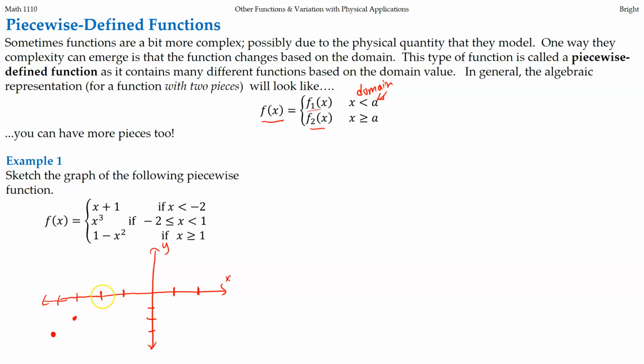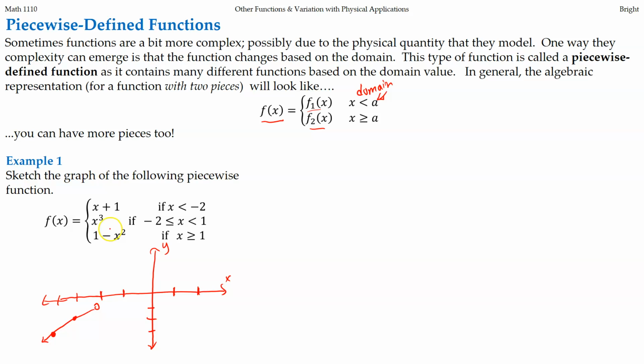And at -2, I'd have -1, so I'd actually have a hole here, because again I don't have equality. This is what the first piece looks like, and it would extend forever to the left based on this pattern because of the domain. It's saying when x is less than -2. So that's the first piece.